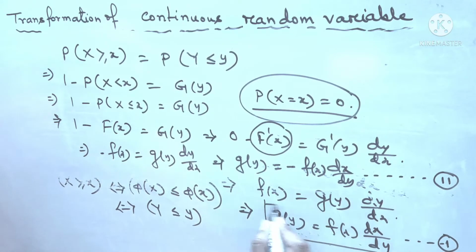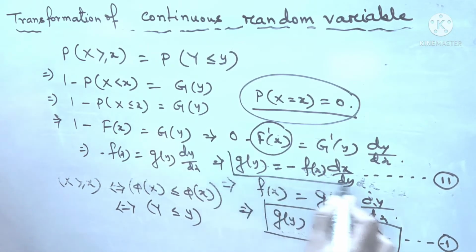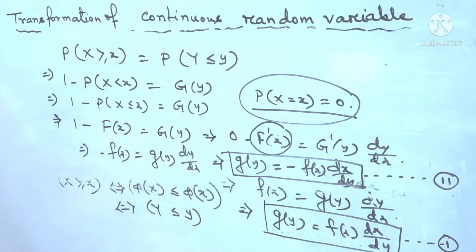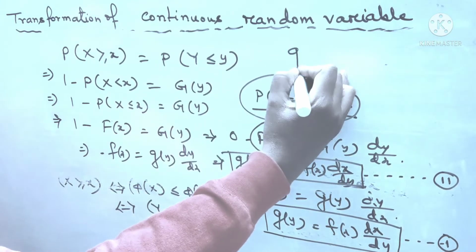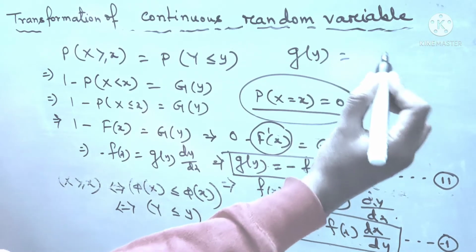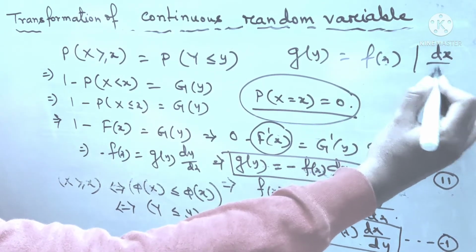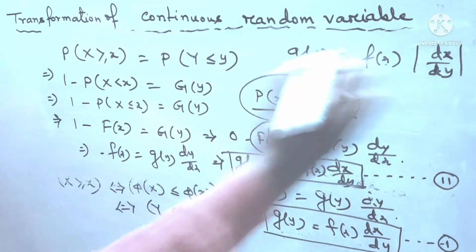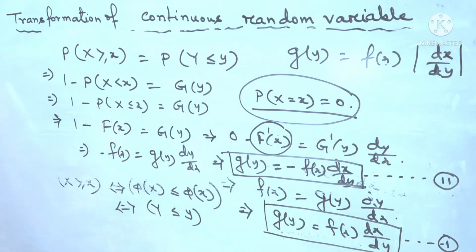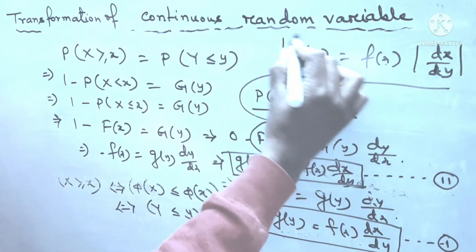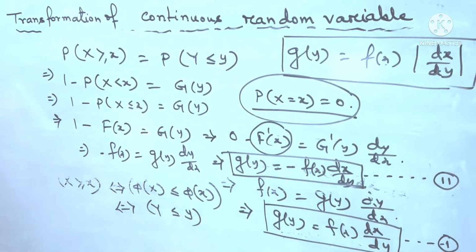Now clearly from 1 and from 2 we write g of y is equal to f of x into mod of dx/dy, and this is the formula of transformation of a continuous random variable.